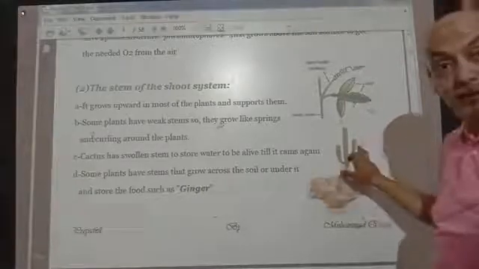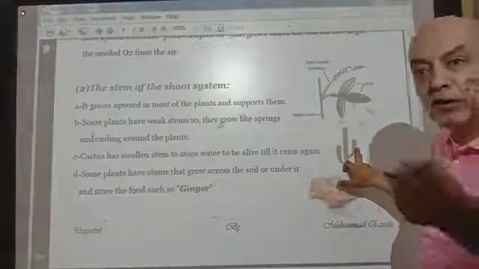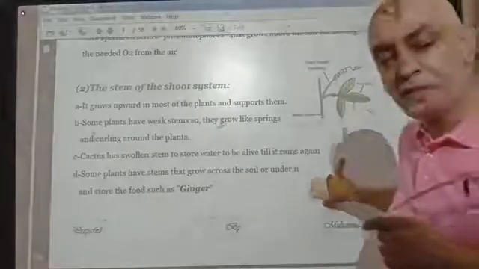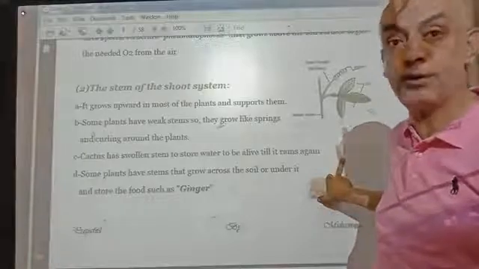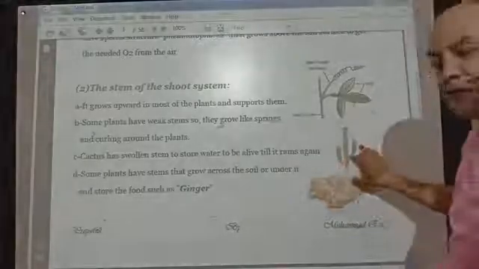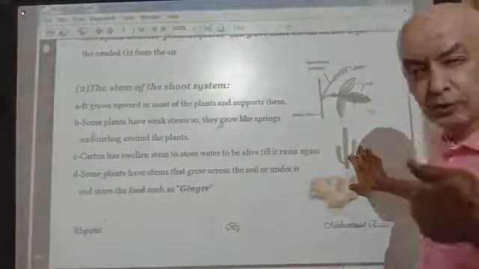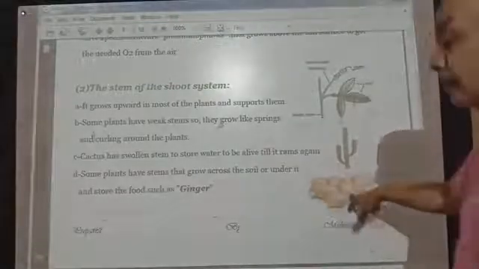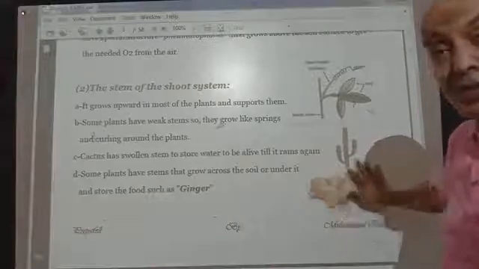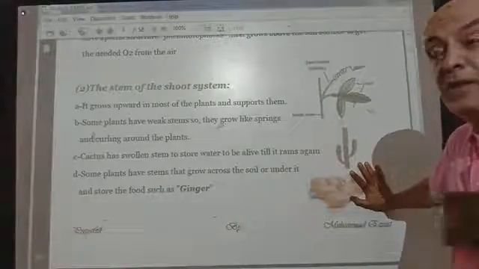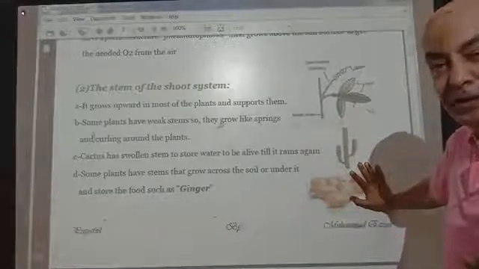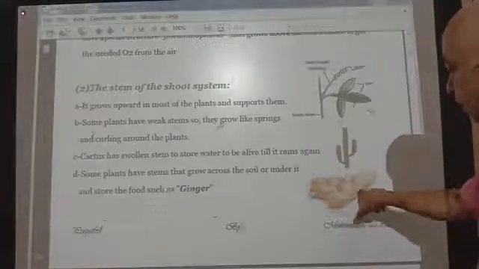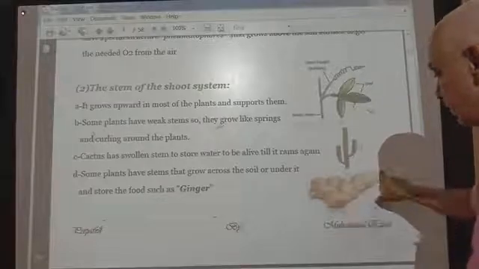And some plants, their stems are fleshy, like cactus. Cactus is considered from the plants which grow in the desert. So it grows in the form of juicy stem. Juicy, it contains juice like liquids, fluids. And the shape of the stem of a very popular plant, ginger, takes the shape of this one.